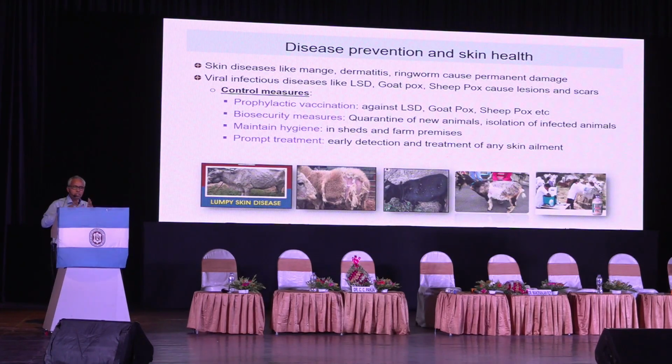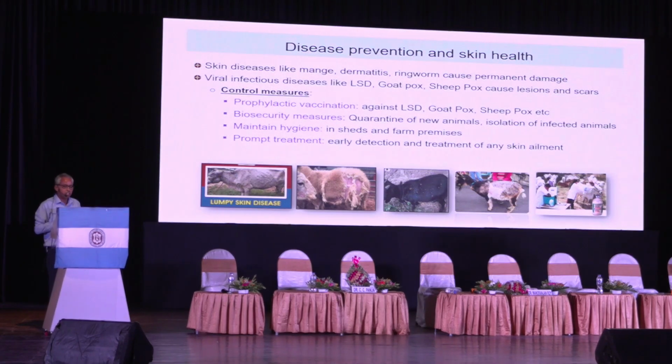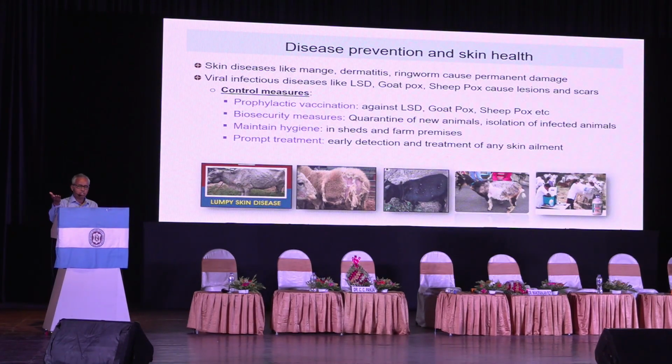Now, disease prevention and skin health. Sir has already told that lumpy skin disease, goat pox and sheep pox are creating many problems, particularly in the skin. Therefore, to cope with this situation: prophylactic vaccination, then biosecurity measures, that means quarantine, isolation, then maintenance of hygiene in the shed.